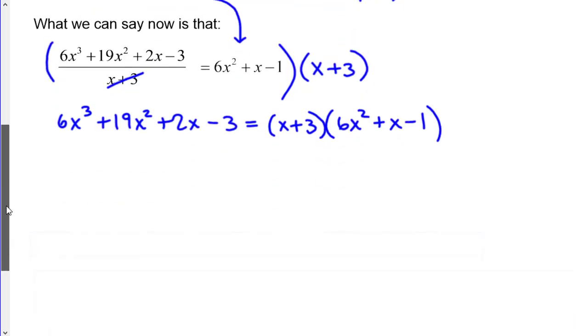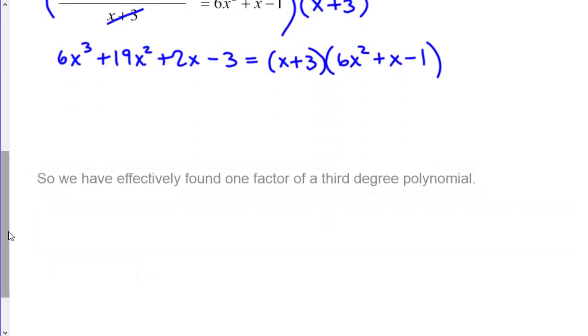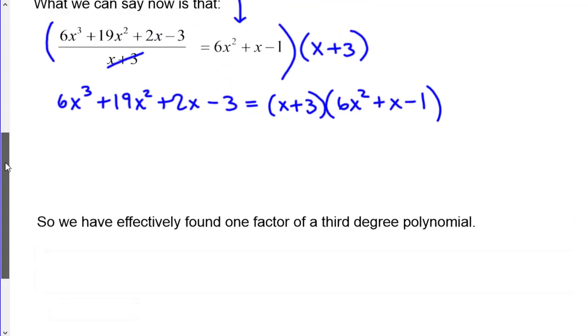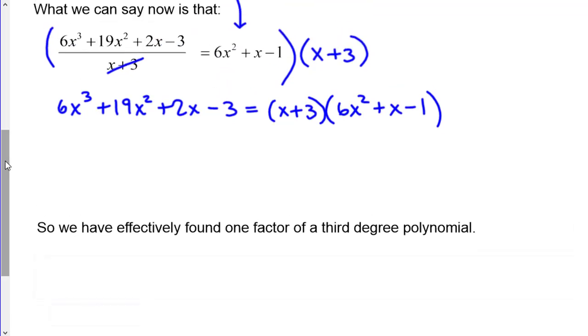And effectively, we found one factor of a third degree polynomial. So we can express this polynomial equation in this form right here. The x plus 3 is a factor, so we've essentially factored a third degree polynomial. This is the starting point of the process that we're going to be doing throughout this chapter.